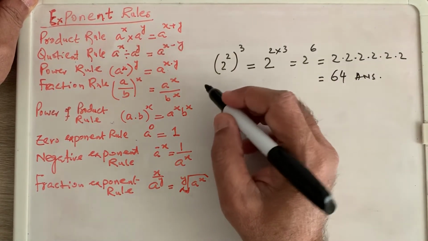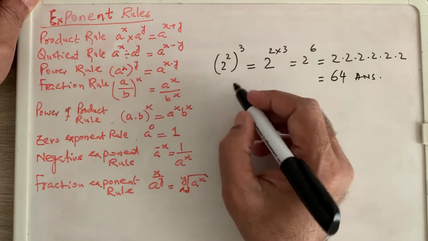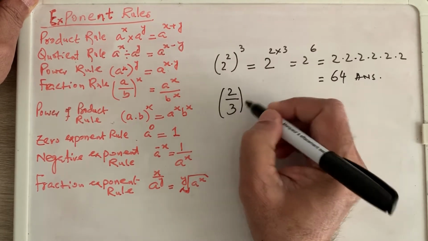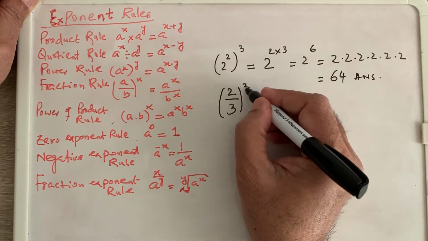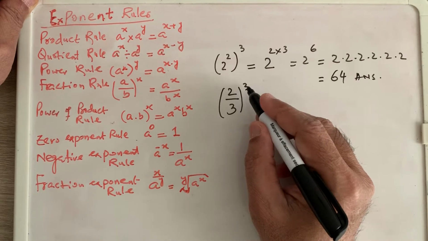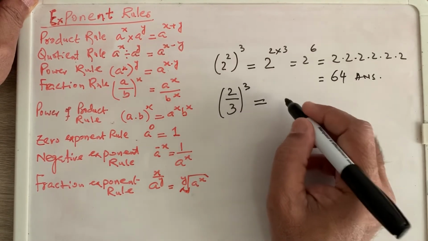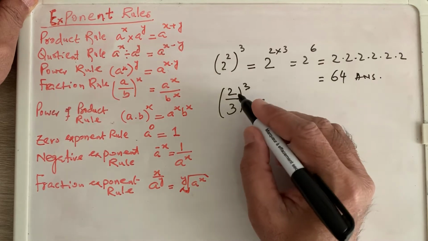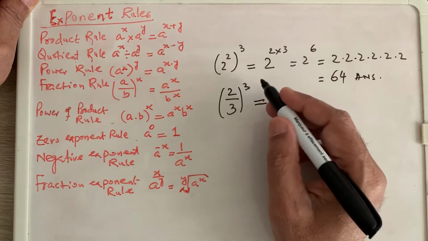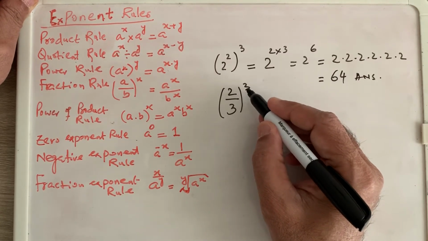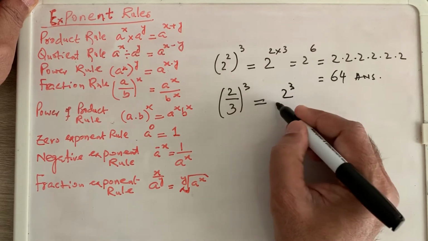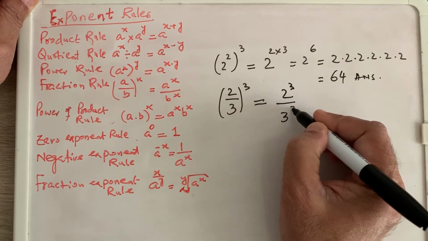Similarly, the fraction rule: if something is written like 2 over 3 to the power of, for example, 3, it means everything, numerator and denominator, has got this power. If something is in a fraction, 2 over 3, or 5 over 7 or whatever, and you have an exponent on the parenthesis, then each number in the numerator and denominator has got that power.